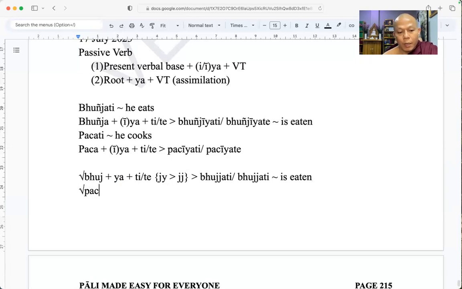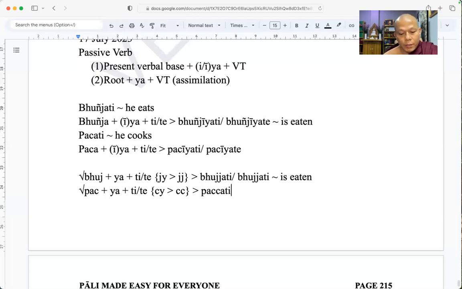And then the root pac, and then "ya," and then the ending. Here also, ca, ya change to cca. Assimilated.